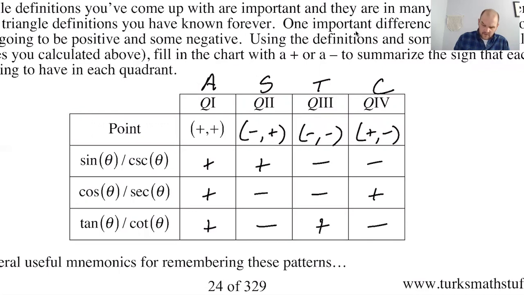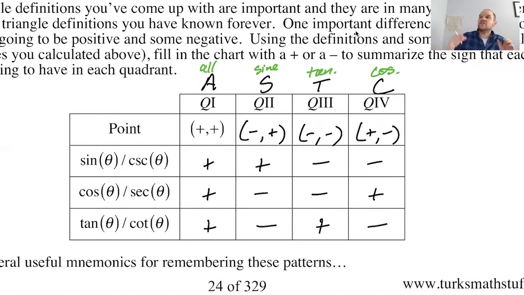All of them are positive. Sine is positive. Tangent is positive. And cosine is positive. So all sine, tangent, cosine.